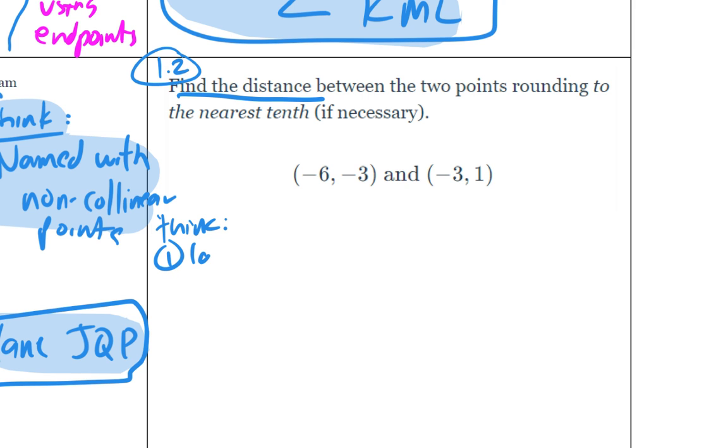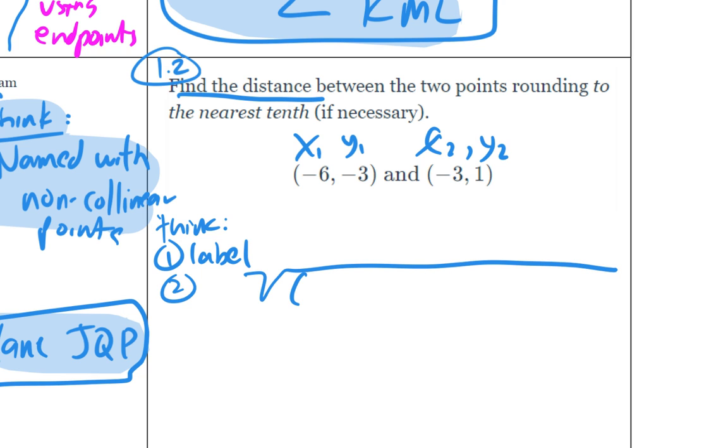Number 1, label: x1, y1, x2, y2. And then 2, we're going to use the distance formula. We're going to say that squared plus that squared, so x2 minus x1 and y2 minus y1.